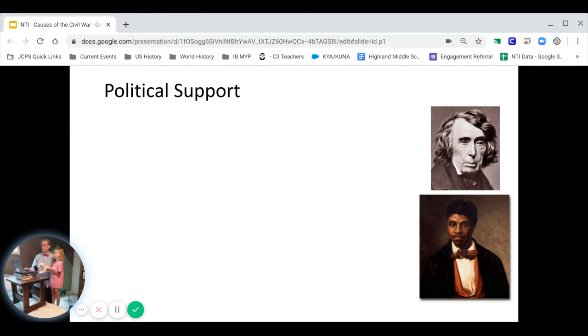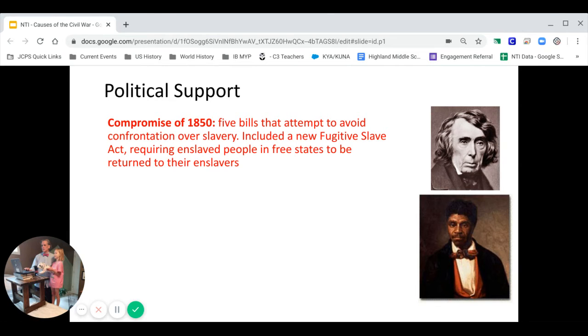So some more political support, and this is a little bit later down the line. In 1850, there's a compromise, and there are 5 bills, and they're trying to avoid a confrontation over slavery.